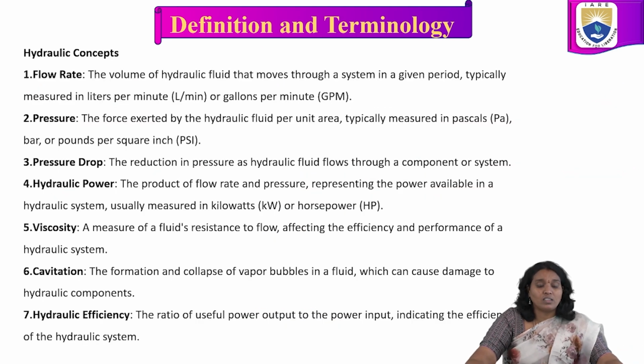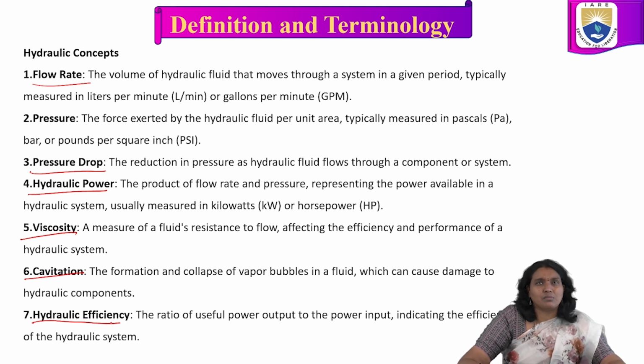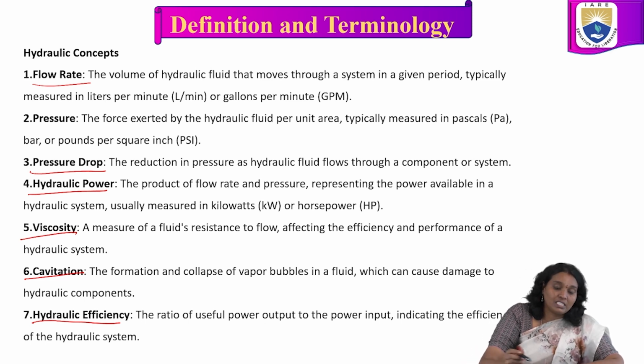What are the various concepts which are involved in hydraulic modification? Those are flow rate, pressure, pressure drop, hydraulic power, viscosity, cavitation, hydraulic efficiency. The flow rate, the volume of hydraulic fluid that moves through a system in a given period, typically measured in liters per minute or gallons per minute.